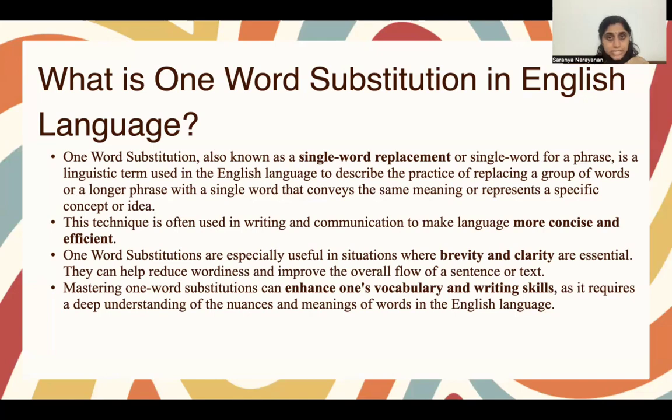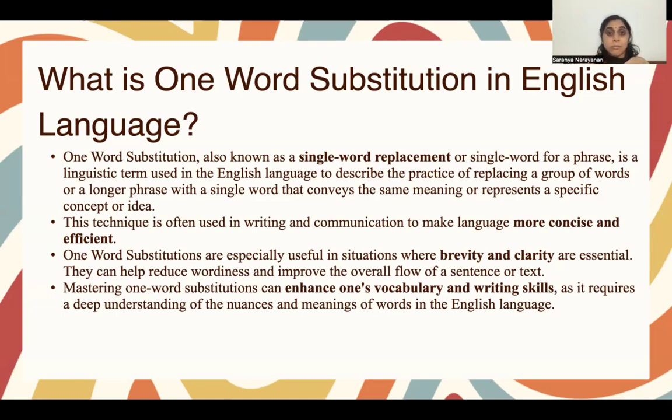Similarly, it also helps build your vocabulary skills, your language skills. If there is a group of words and you are able to think of one single word to replace it, it means that you have a high level of language capability. You are able to think of more vocabulary than a common man uses.